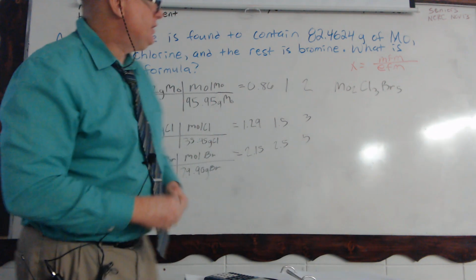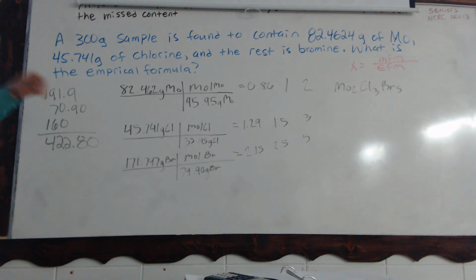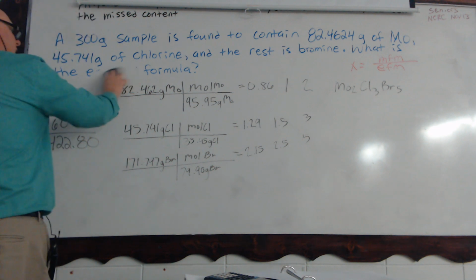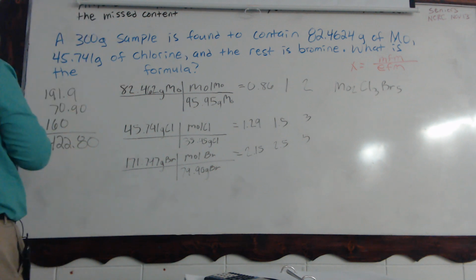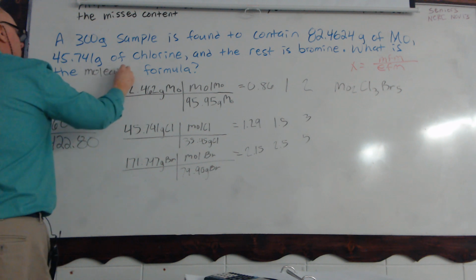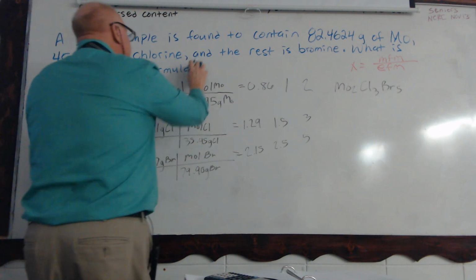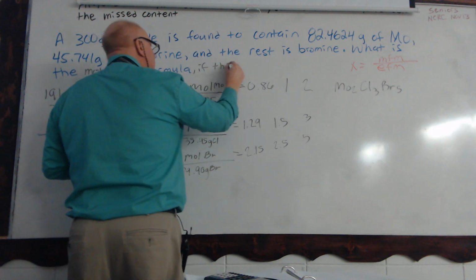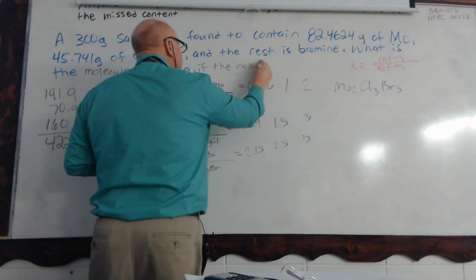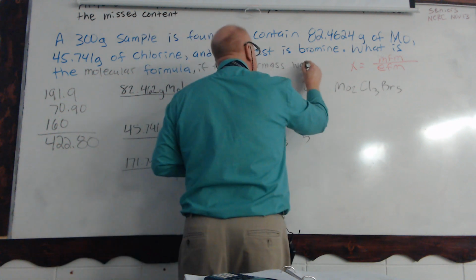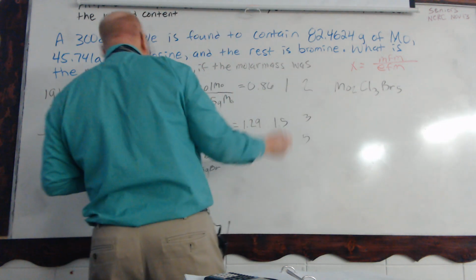Okay. So the question is what about if this was a molecular formula problem? Well, what we would do differently is the only thing we would change is just this. Then we would have to say if the molar mass was 422.8.